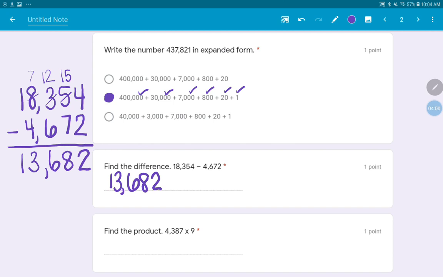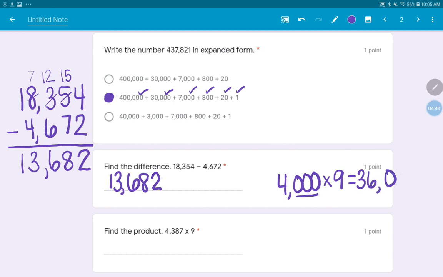Next, we're finding the product of 4,387 times 9. How did you do that one, Dylan? So I did like how everybody else would do it, like 4,000 times 9, which is 36,000. Yes. 4 times 9 is 36.